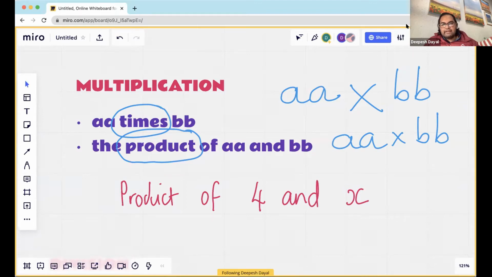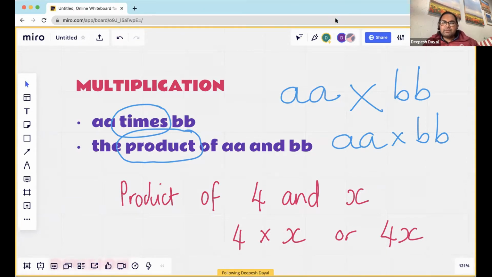How do we write that? So I think we say 4x together. Yeah, so it's 4 times x. Or 4x. Okay, so the product of 4 and x, 4 times x, correct, well done.